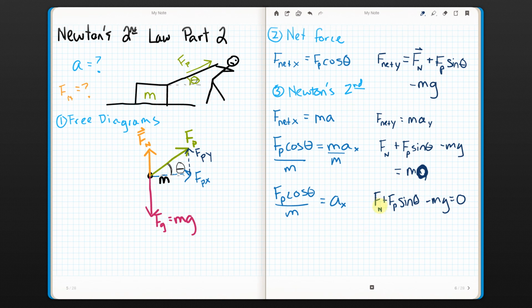If I wanted to solve for the normal force, I would just move everything to the other side, and that's all known stuff. So the normal force would equal mg minus Fp sine theta, all of which I know, so I could get a number for this. This is probably the simplest two-dimensional Newton's second law problem that there is. We'll do another one that's a little more complicated next.